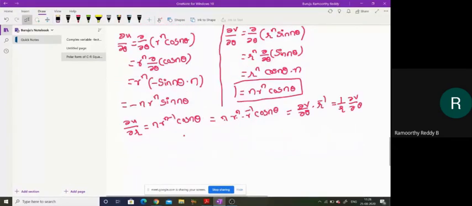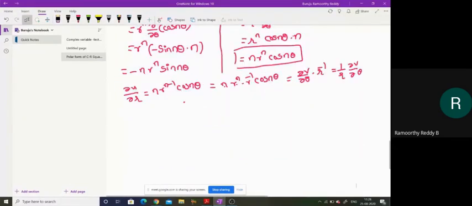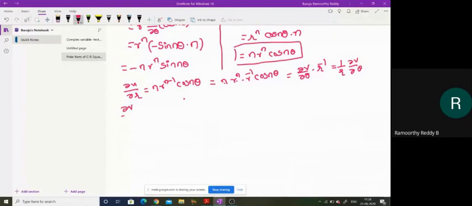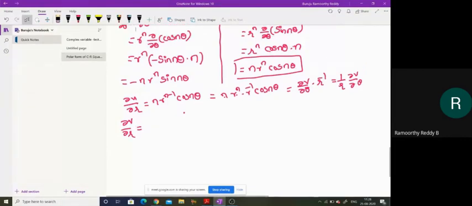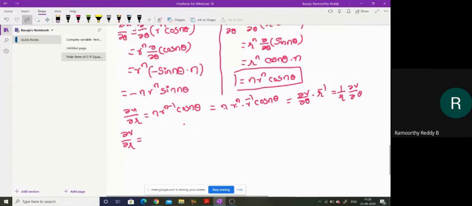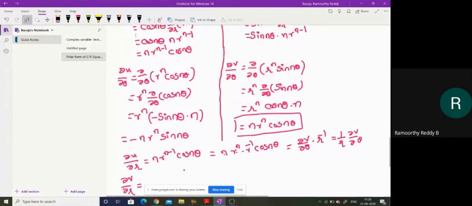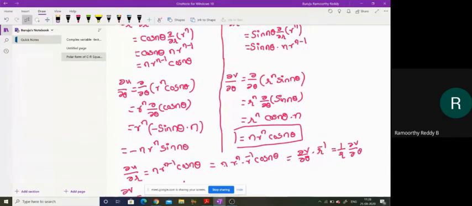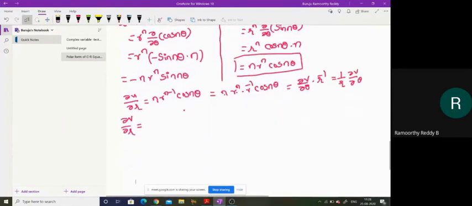Right, it is clear. Then similarly, what is ∂v/∂r? ∂v/∂r is n r^(n-1) sin nθ, right?